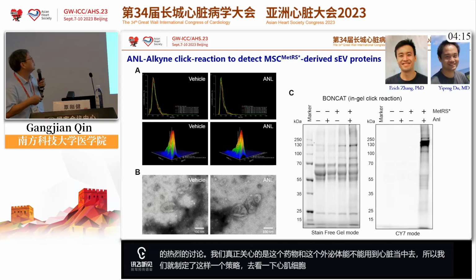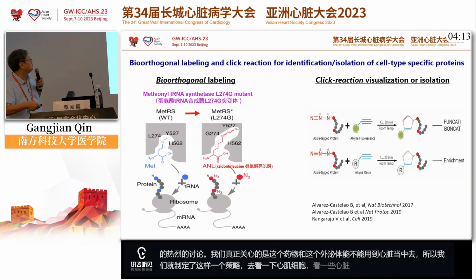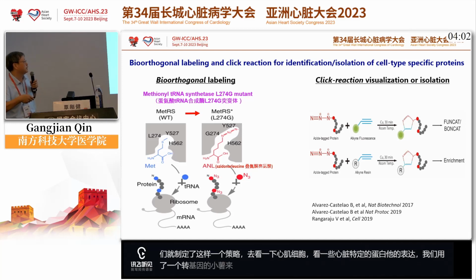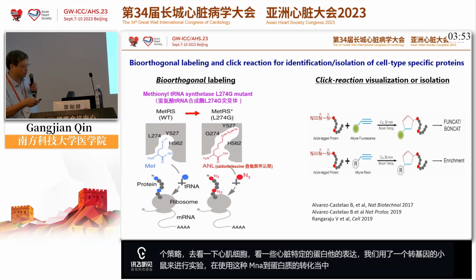So we developed transgenic mice where, in the mRNA to protein translation, they have a mutation. They incorporate a particular amino acid into the newly synthesized protein instead of methionine. So it's kind of a label, and this label can be picked up by chemical reaction.